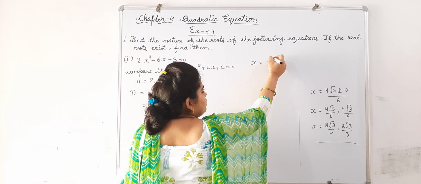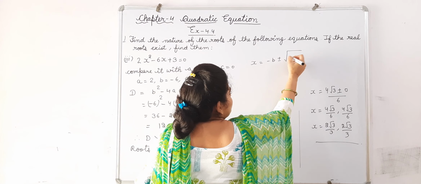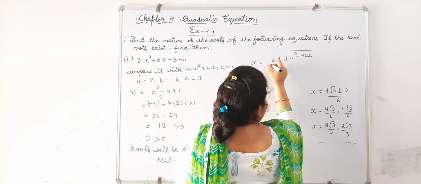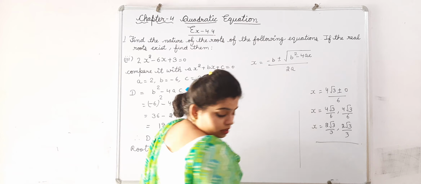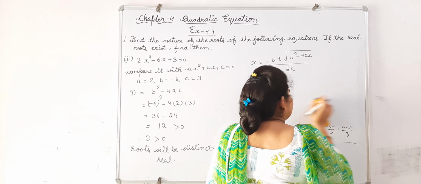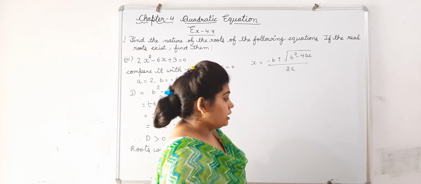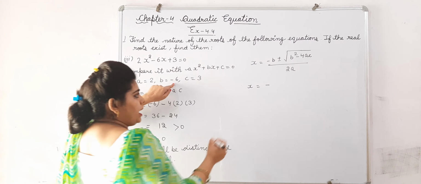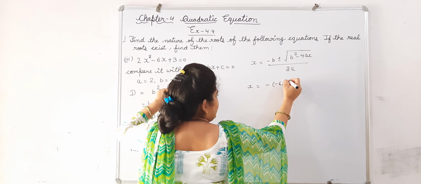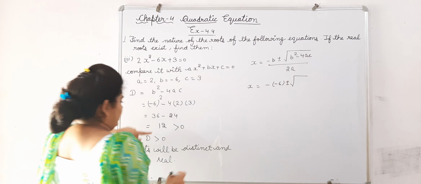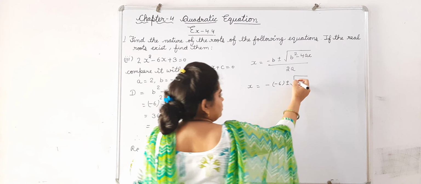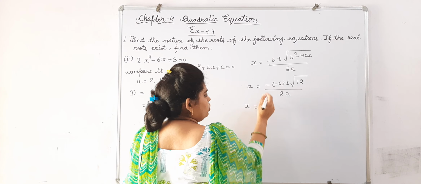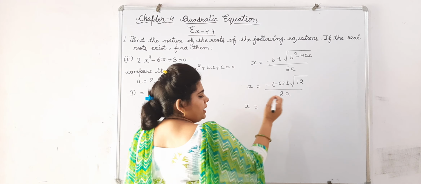x is equal to minus b plus minus square root of b square minus 4ac divided by 2a. Now x is equal to minus b, means minus minus 6, plus minus square root of the discriminant 12, divided by 2a. x is equal to 6 plus minus.